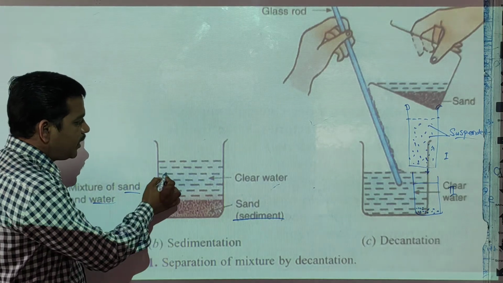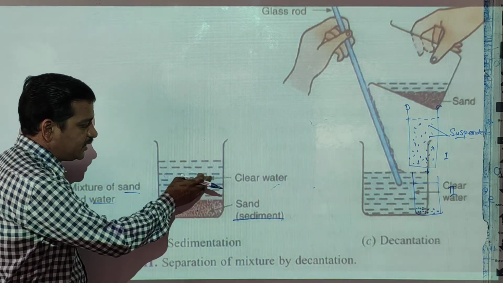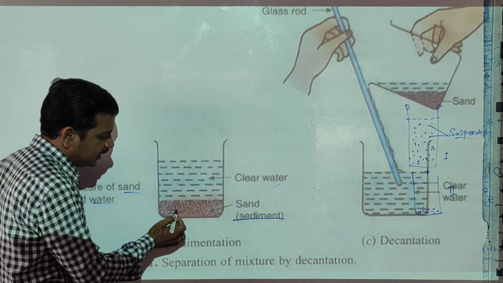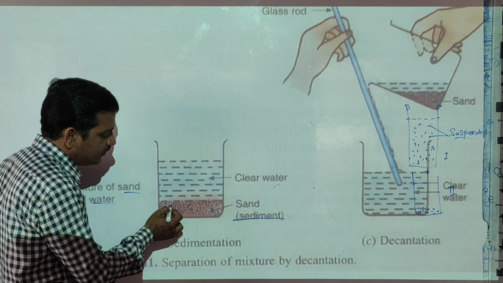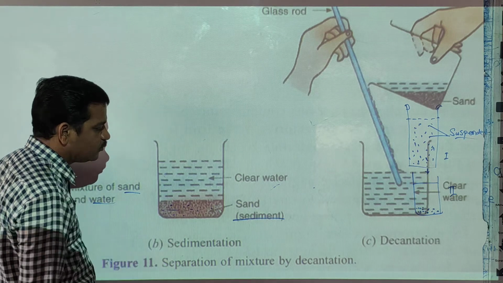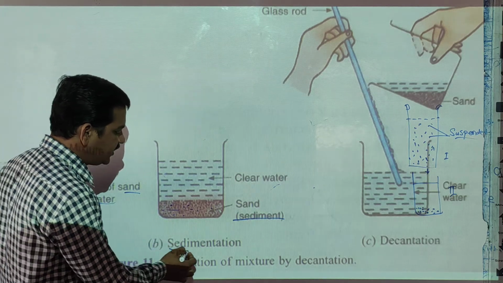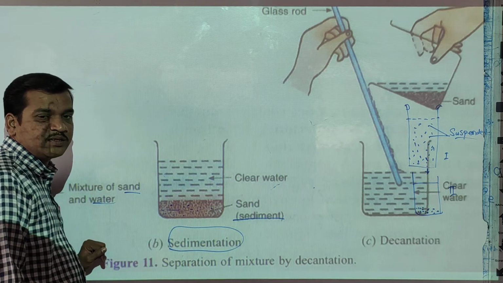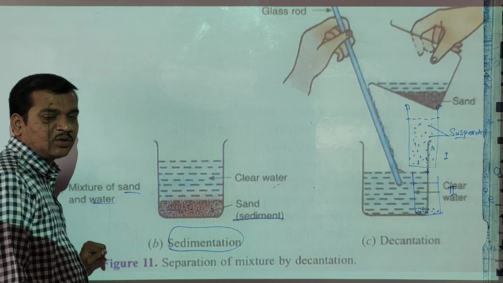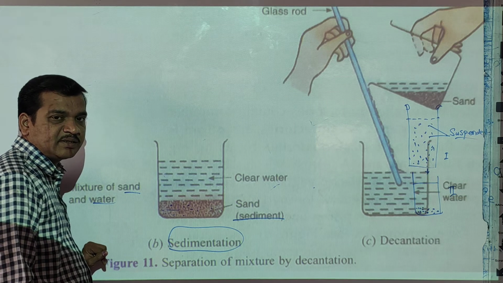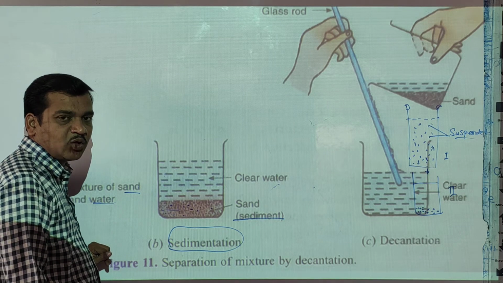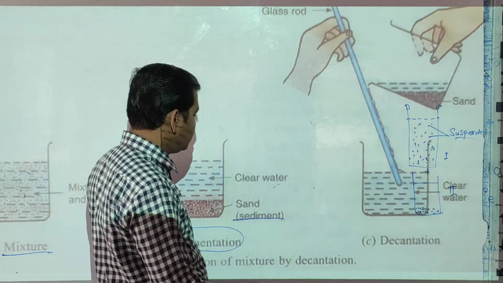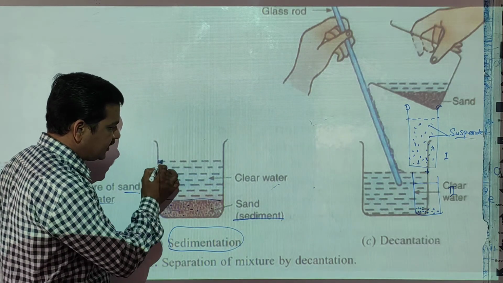So all the particles of mud and sand settle at the bottom of the container or bowl. This method is called sedimentation. Sedimentation is the process of settling down all the particles suspended in water.